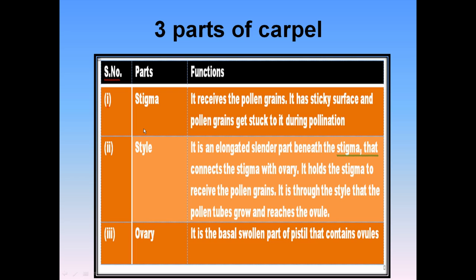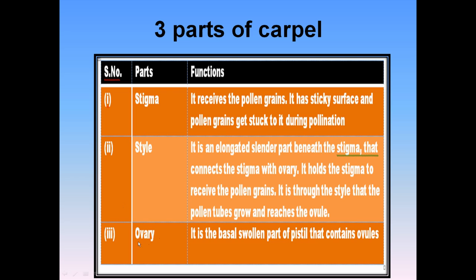Beneath the stigma, what is present? That is style. Style is a long, elongated, cylindrical structure which guides the caught pollen on the surface of the stigma towards the ovary for the process of fertilization with the egg. So it is a connecting link between stigma and the ovary.